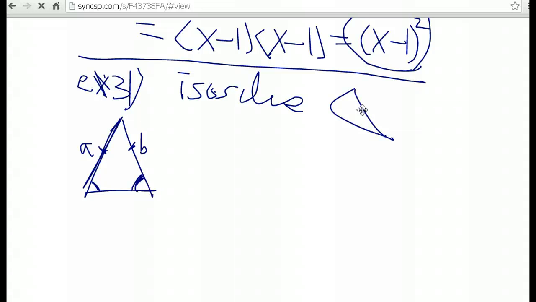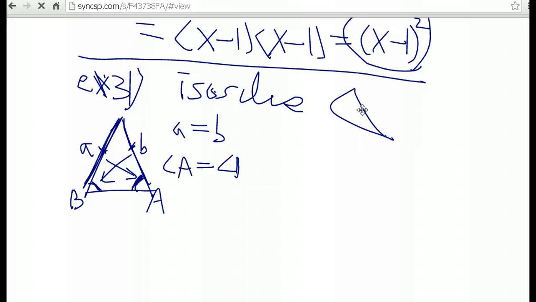Let's call capital A the corresponding angle to this side, and for this side B, the corresponding angle B. So in this case, the lengths of sides A and B are the same. By the original definition of isosceles, the corresponding angle A is the same as the corresponding angle B.